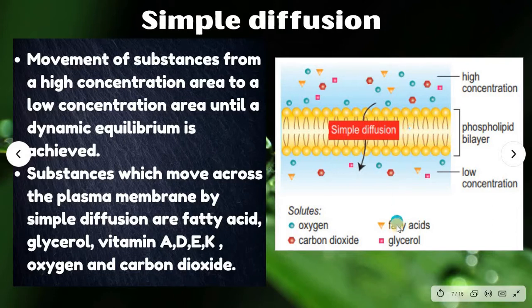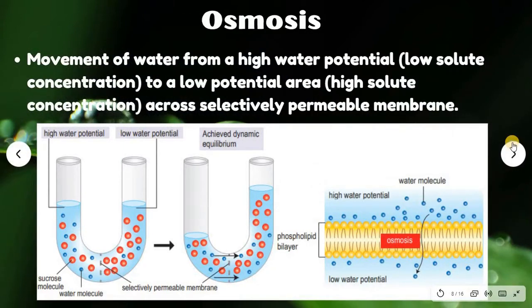So fatty acid, glycerol, vitamin A, D, E, K can move across the plasma membrane by simple diffusion. I hope you can understand that. Next we go to osmosis.